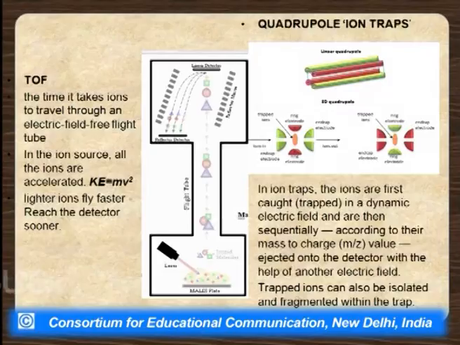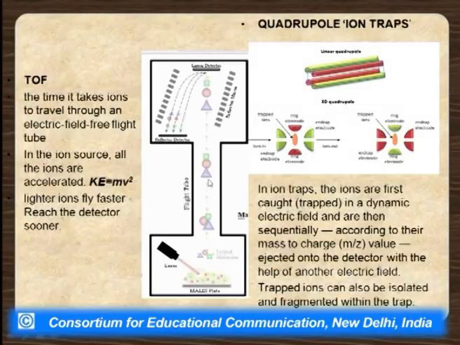So, now talking about two of the analyzers, we are here looking at TOF and quadrupole ion traps. In the TOF it is a time of flight, and this is the time that it takes for the ion to travel through an electric field free flight tube. So, there is no interfering field. In quadrupole there is going to be an interfering magnetic field. Here there is a tube which is not charged.